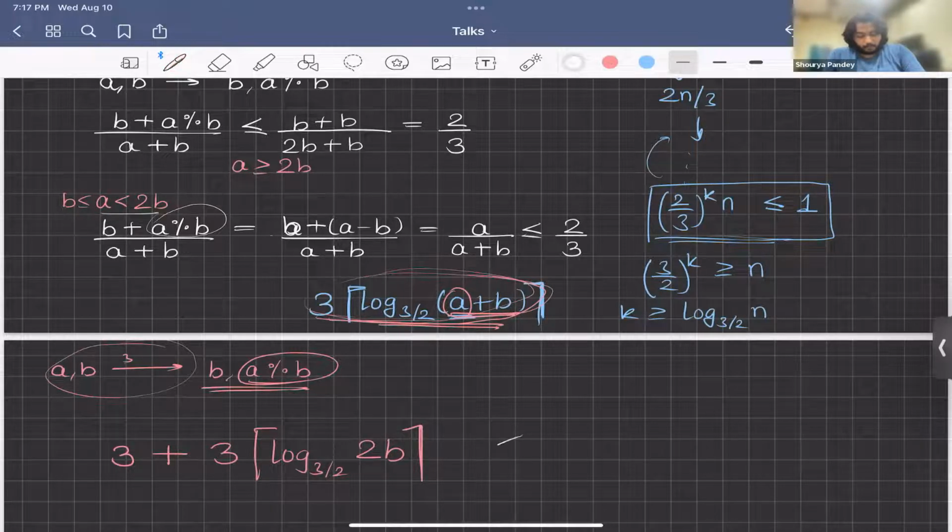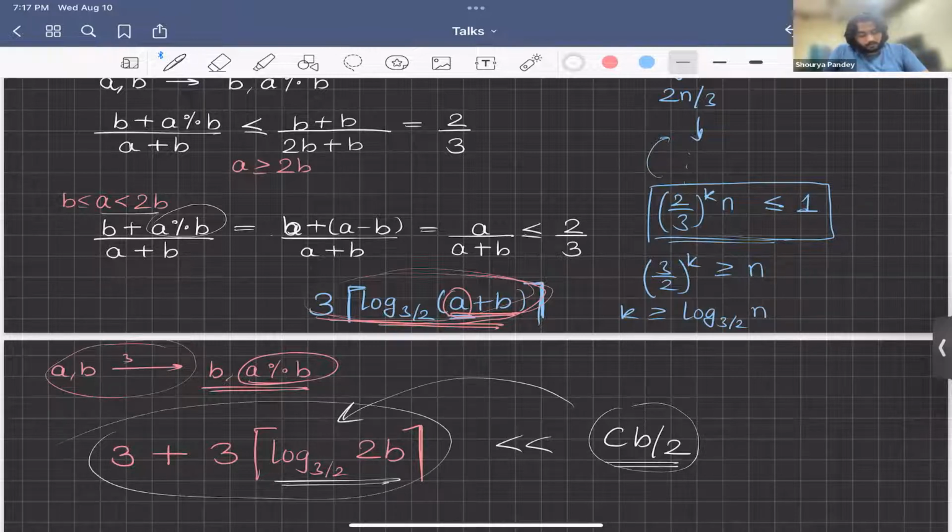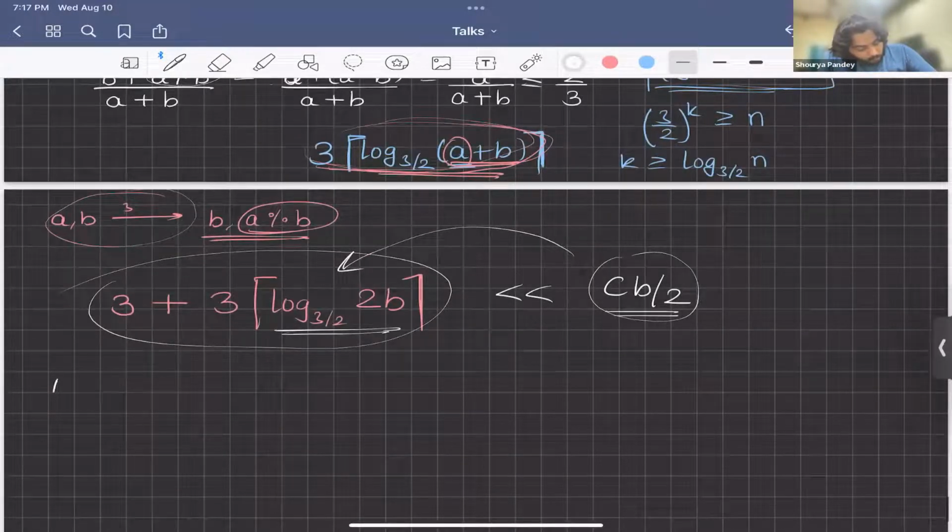Now this is definitely much smaller than some constant times B by 2, right? Because this is logarithmic in B while this is linear. So this is like exponential versus logarithmic. So this is why algorithm 1 is much better.